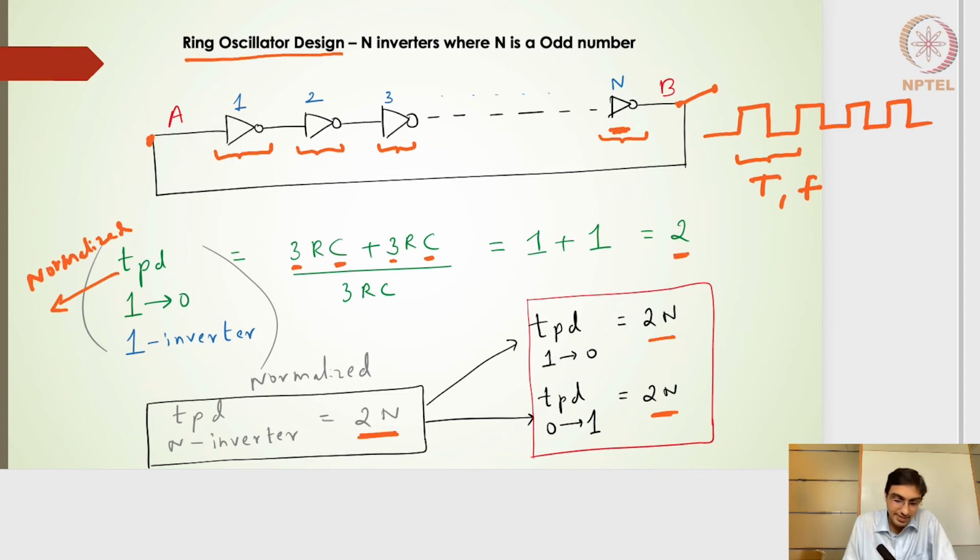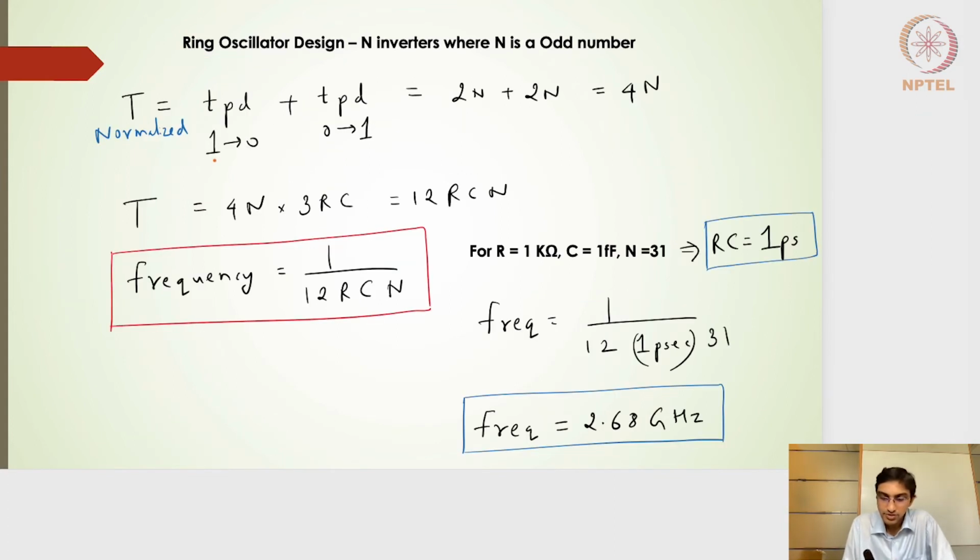So what we are seeing is, for 1 to 0, we have 2n delay, and for 0 to 1, we have 2n delay. If I take an odd number of inverters, after 2n delay, if the input is 0, I will get the high output, which is fed back to the input.